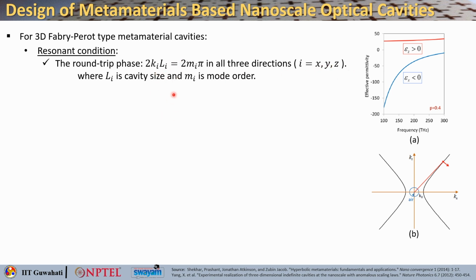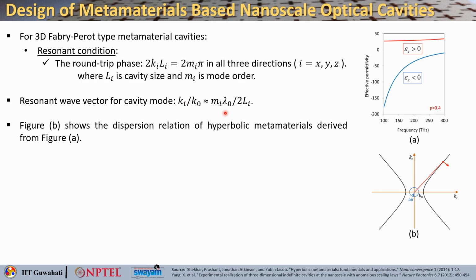So, li is basically the cavity size, okay, and mi is representing the mode order. Now, the resonant wave vector for the cavity mode can be written as ki by k naught, which is approximately mi lambda naught divided by 2 li, right. So, here k naught is nothing but 2 pi by lambda naught. So, you can actually use this and understand the resonant wave vector for the cavity mode.